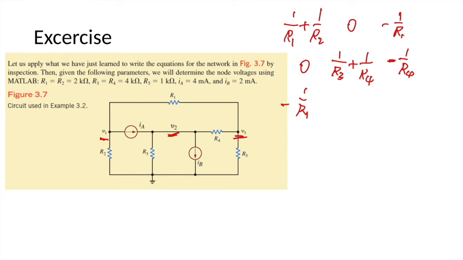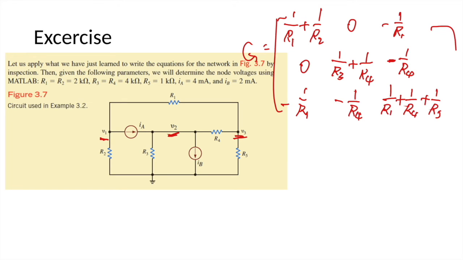And G32 equals G23. And G33, let's take a look at node 3. R1, R4, and R5 is connected to node 3, so that is 1 over R1 plus 1 over R4 plus 1 over R5. So we get the G matrices.